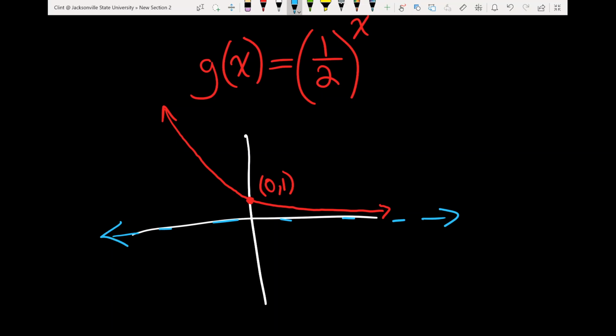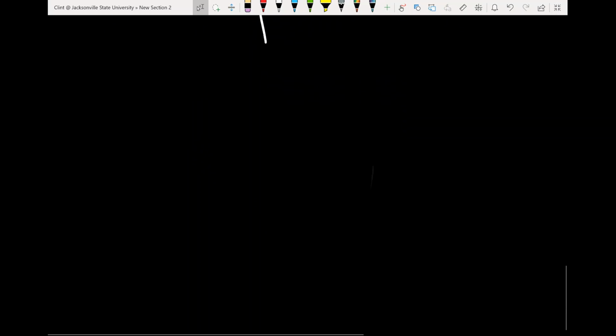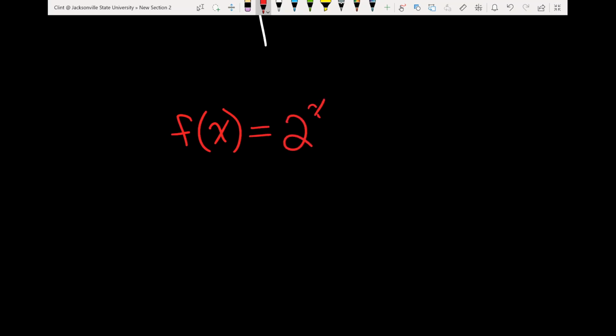All right, so let's look at some transformations we can do with these. We've talked about transformations of functions like shifting them left and right, up and down, and doing reflections. So what do transformations look like with these things? Well, let's think about this function. f of x equals 2 to the x plus 1.